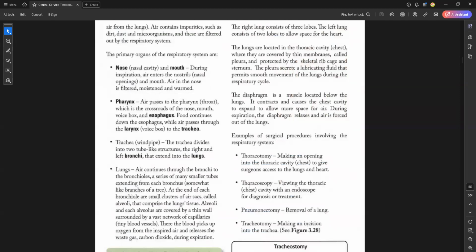With the nose, we're talking about the lungs, breathing, etc. We inhale a lot of things: dust, odor, nice scent, etc. The nose plays a very key role in this, because that is where the pathway or the cavity is. During inspiration, air enters the nostril, then goes through the pharynx.